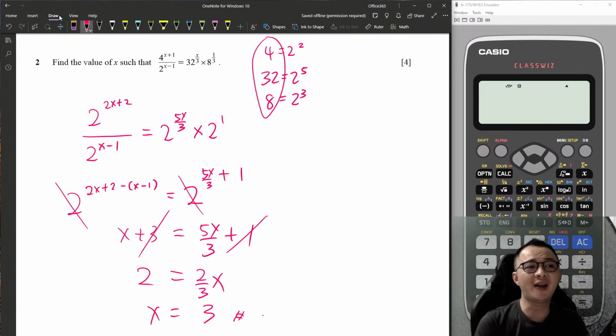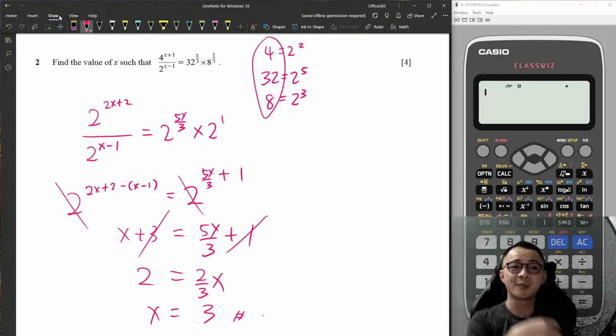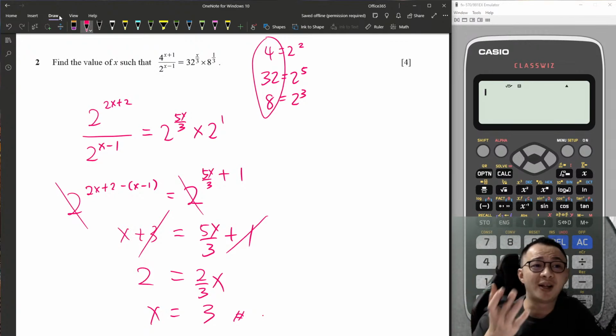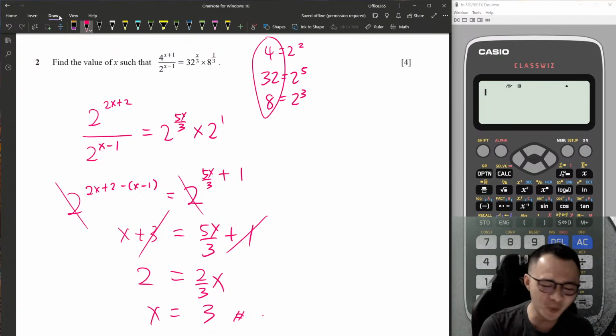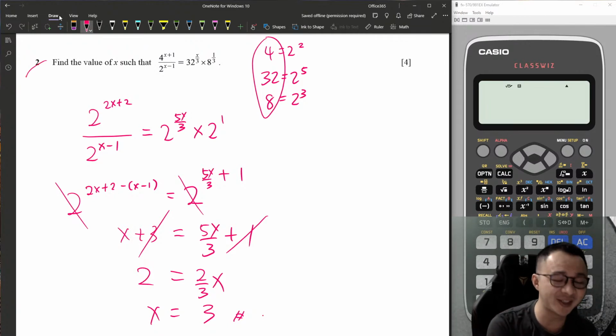Whenever you have a question like this, I always ask my students to ensure your answer is correct. How to ensure? Nowadays all of us have a very advanced calculator. There's no way you make a mistake on this kind of question and you don't know.